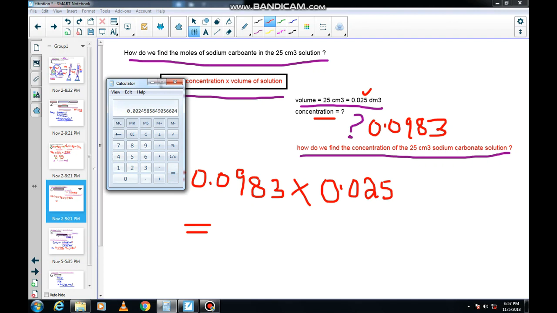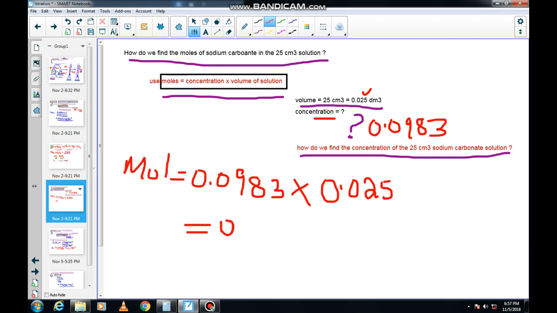Round off to 3 significant figures and you get 0.00246. These are the number of moles of sodium carbonate in the 25 cubic centimeter solution.